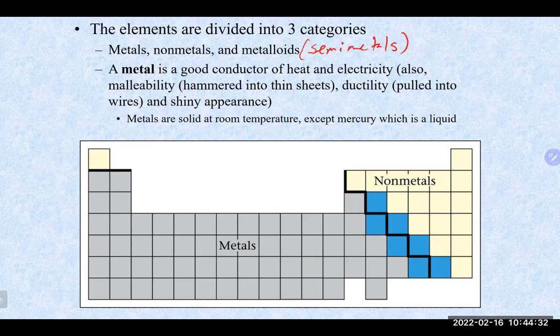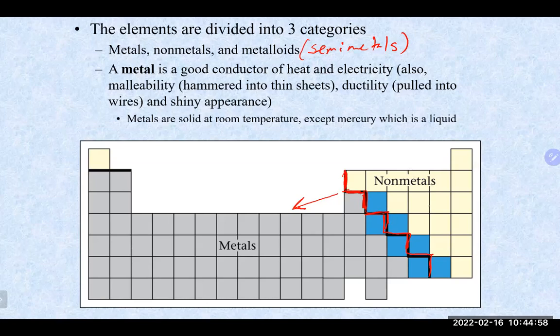Now, on most periodic tables, you can see what is sometimes referred to as a staircase coming down. And again, if you look on the one up there, you can see that dark line coming down like a staircase by boron. So pretty much to the left of the periodic table is where we find metals.